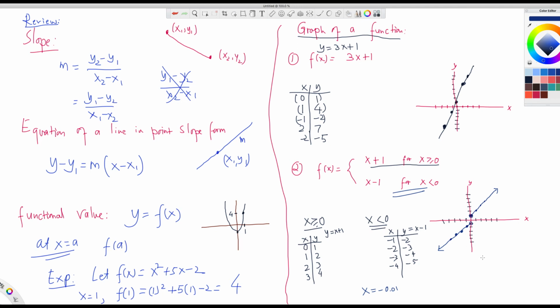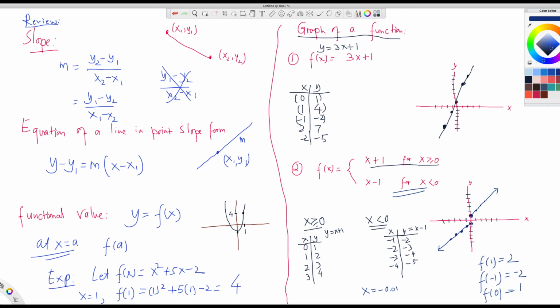So you can say, what is f at 1? If you want to find f at 1, you look at this function. f at 1 is 2, right? And f at negative 1, the height is negative because it is below the x-axis. So that will be negative 2. You see that? How about f at 0? f at 0, you look at the closed circle one, the top one, that will be 1.